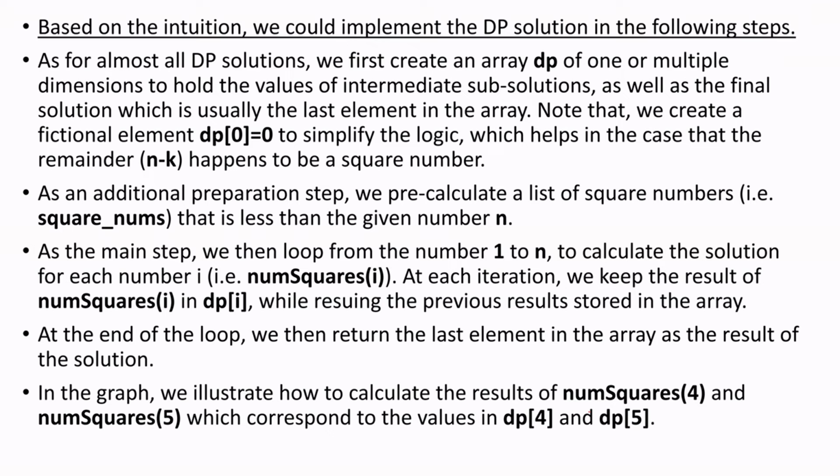Next, based on the intuition, we could implement the DP solution in the following steps. As with almost all DP solutions, we first create an array DP, either one dimension or multiple dimensions, and we hold the values of intermediate subproblems, subsolutions, in the DP.